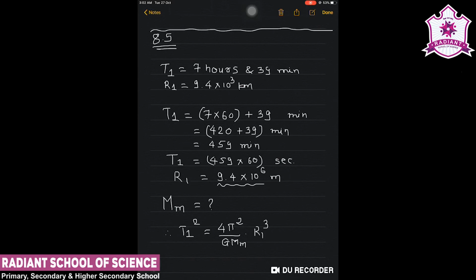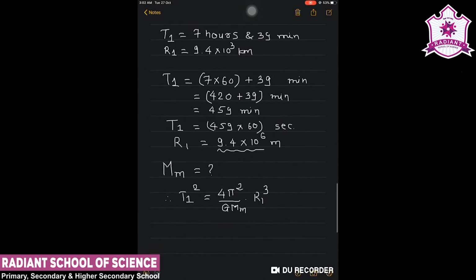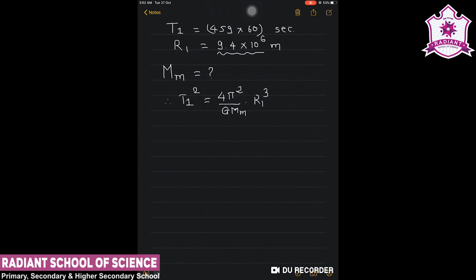So r1 is the given value. Now we have to find M, so we will make the mass the subject.